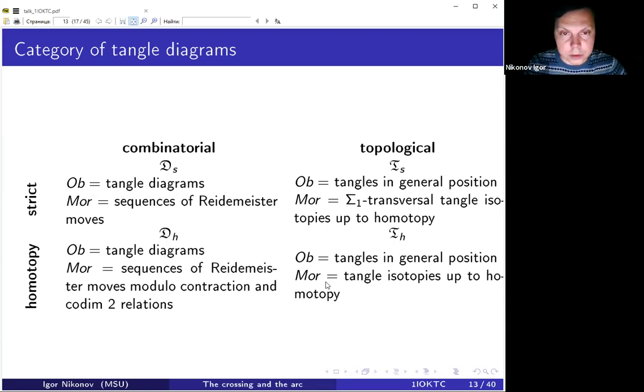There is a contraction relation: if we have an increasing and a decreasing Reidemeister move, we identify this composition with the identity. There are far commutativity relations and some relations produced by singular points of codimension 2.